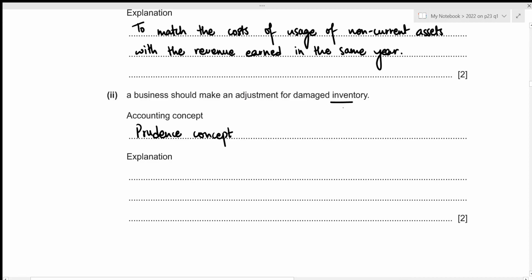So we need to make an adjustment for damaged inventory by reducing its value so that the value of current assets is not overstated, right? So the explanation would be to ensure that inventory or assets in general are not overstated.